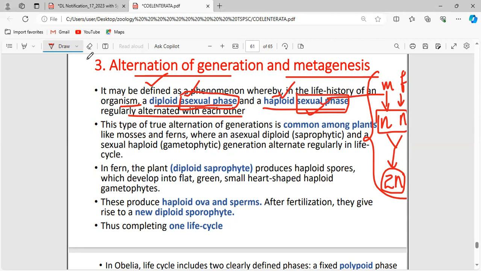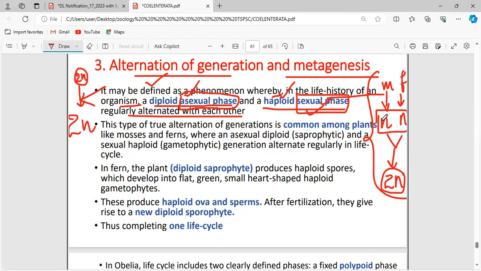Clear? And why it is said to be the diploid asexual phase: there is no need of female gamete, male gamete like that. One individual, that is 2N. Initially, it was 2N, and that 2N, diploid in nature, will give rise again to 2N, because no fertilization happens here like in the sexual reproduction.